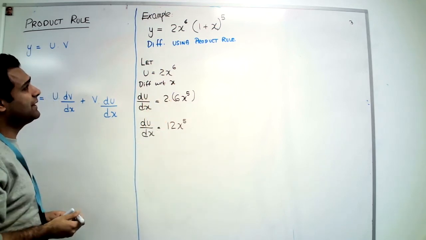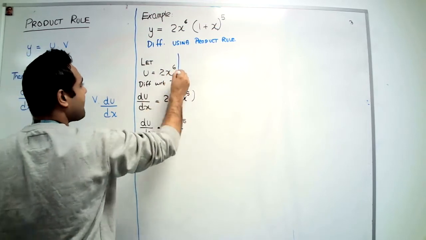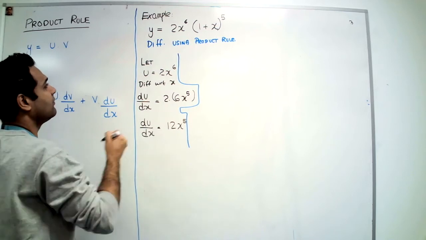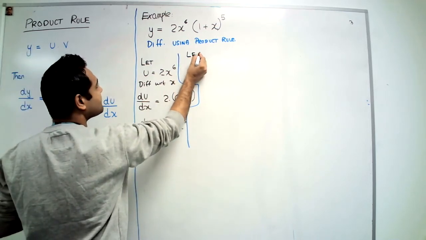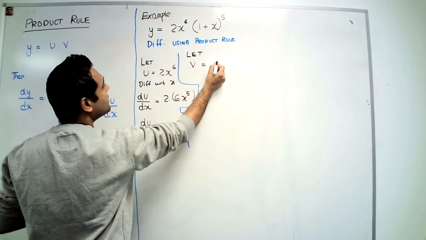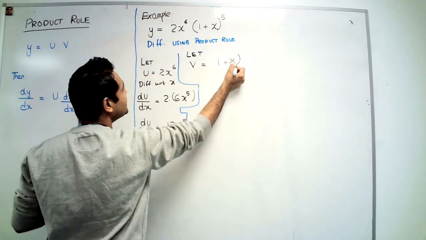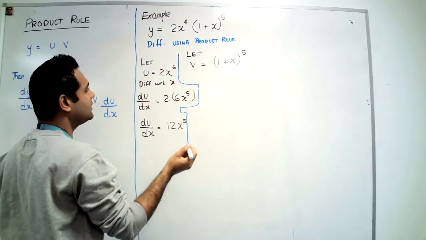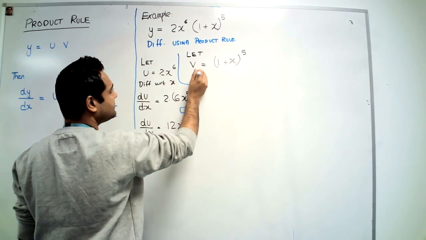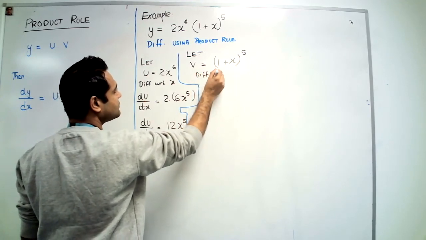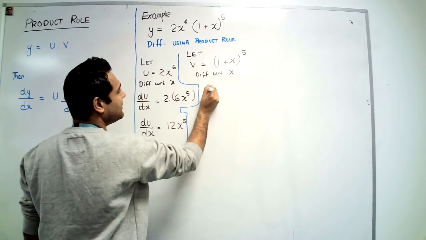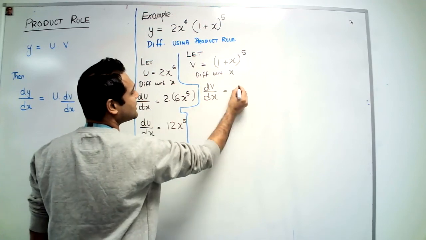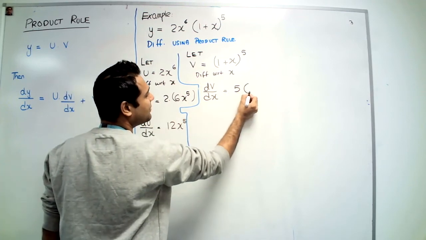Okay. Now the other bit is v. So v equals 1 plus x to the power 5. I'm going to apply the chain rule here. So that will become dv over dx. Power comes out, reduce the power by 1.